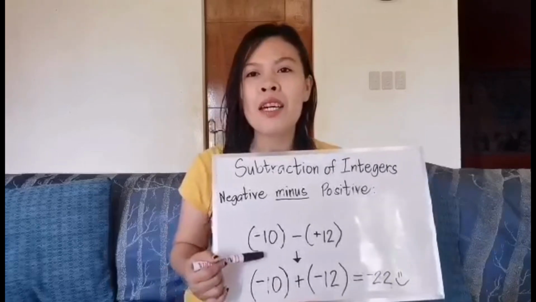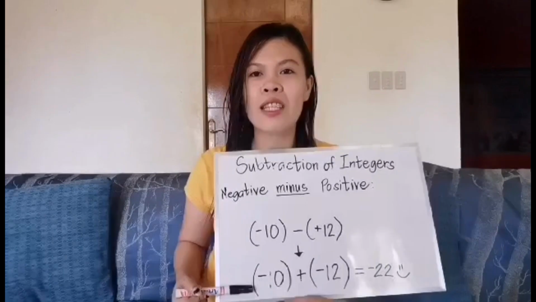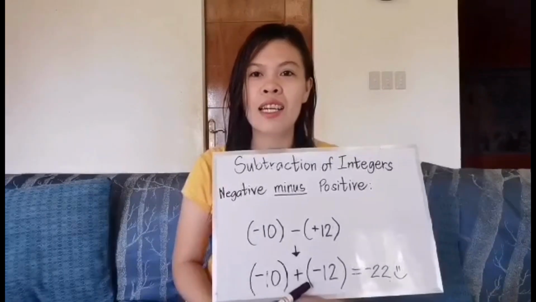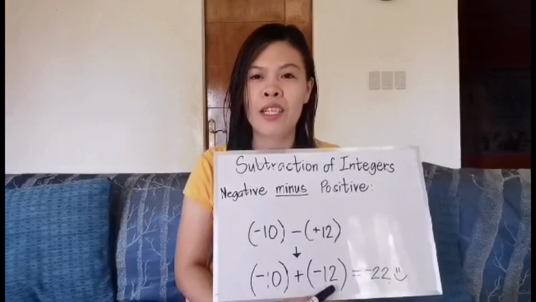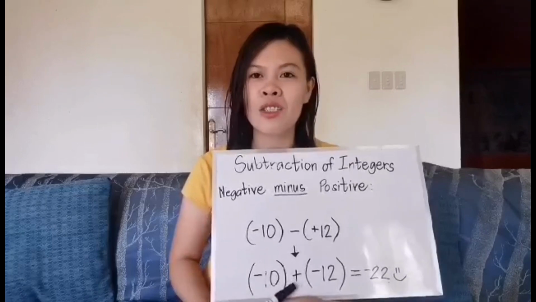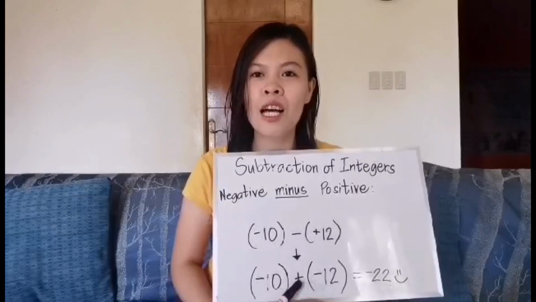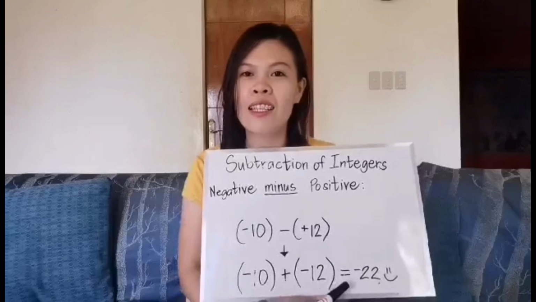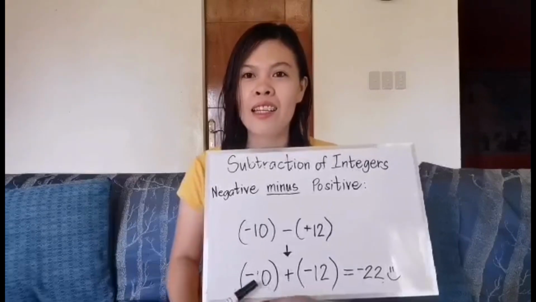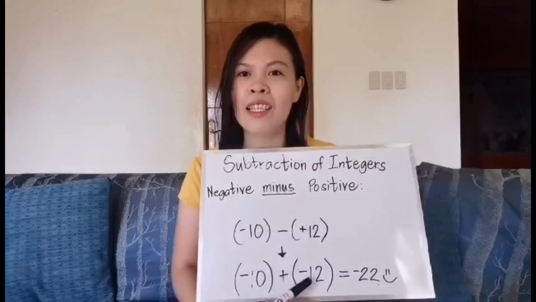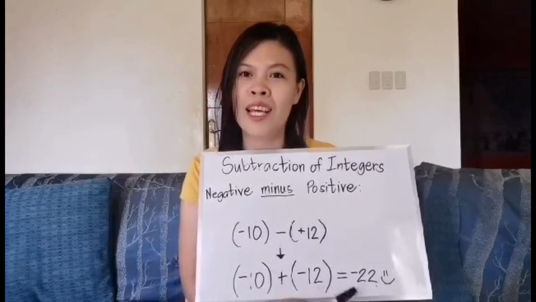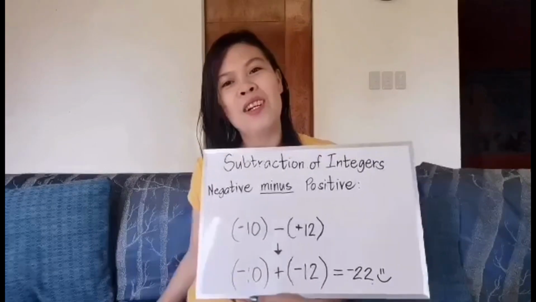So, copy the subtrahend. That's negative 10 plus negative 12. The rule says addition, negative plus negative is negative. Negative 10 plus negative 12 is equal to negative 22.